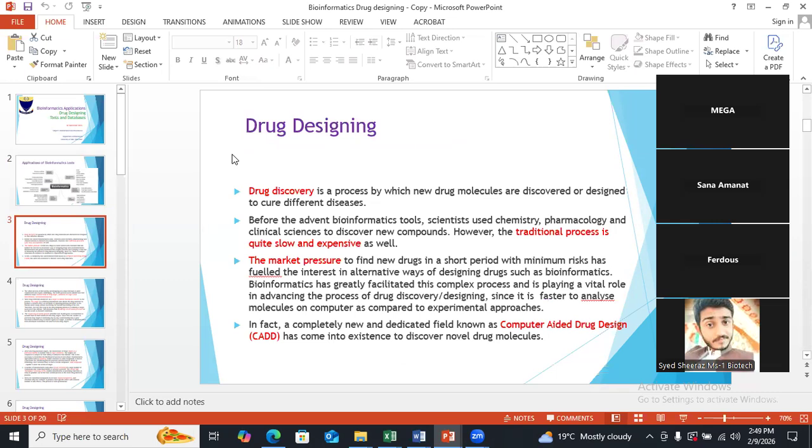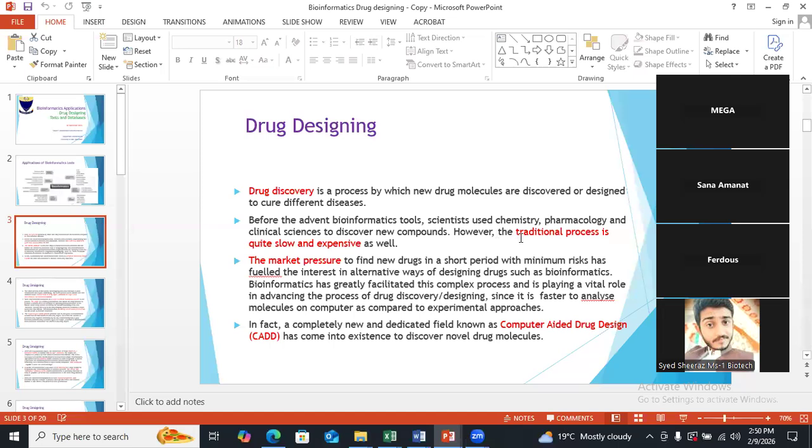It does not deal with the existing or previously available molecules, but deals with the discovery of new therapeutic effects of the molecules. So drug discovery is a very important aspect of our life. It plays a very crucial role in our health and treatment of various diseases.